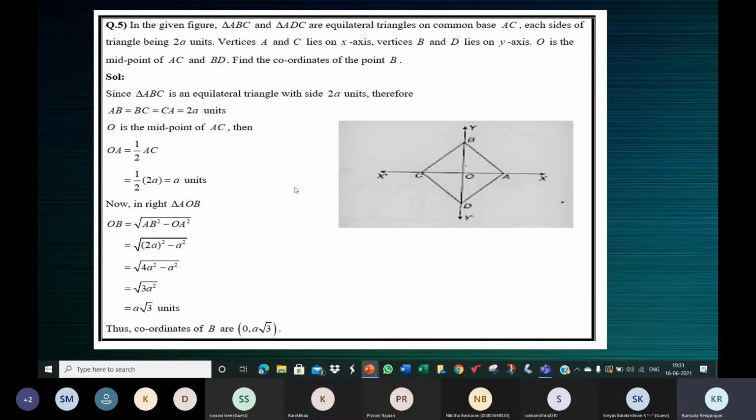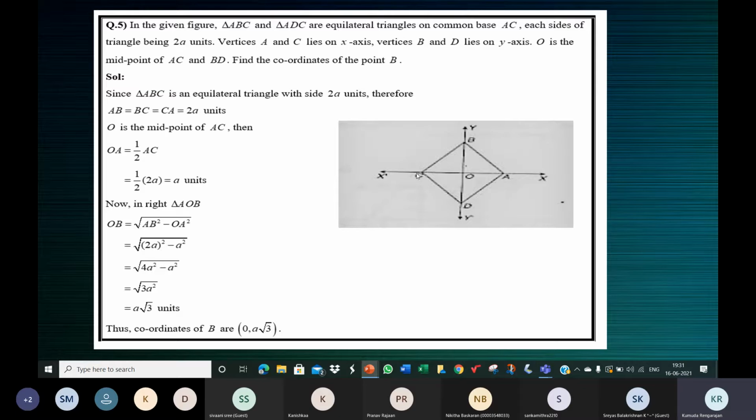To find the length of the altitude. Now, in triangle ABC, BO is the altitude. To find the length of the altitude, the formula is root 3 by 2 into side. What's the side? 2A units. Side of the triangle, okay?